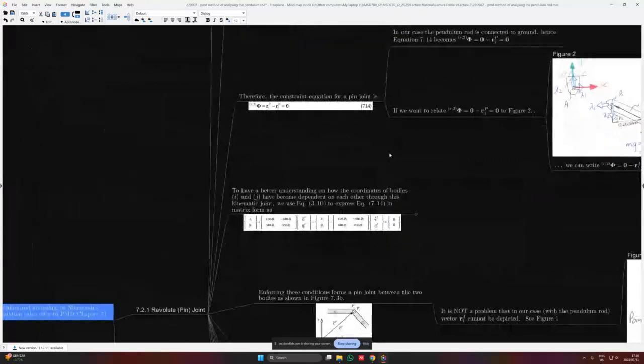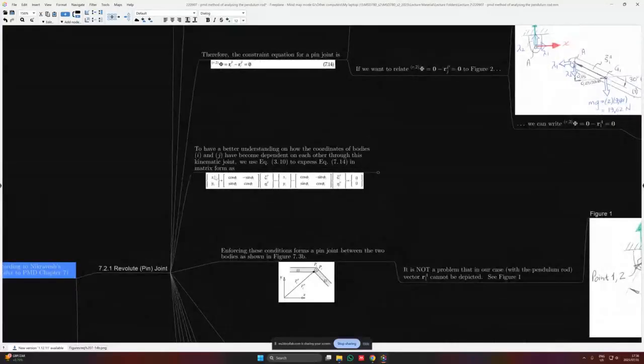All right, now to have a better understanding on how the coordinates of bodies i and j have become dependent on each other through this kinematic joint, we can use equation 3.10 to express equation 7.14 in its matrix form. So this is then given as xi, yi, which is our first component. This is simply the vector of where, relative to the global coordinate system, the center of mass of body i is located.